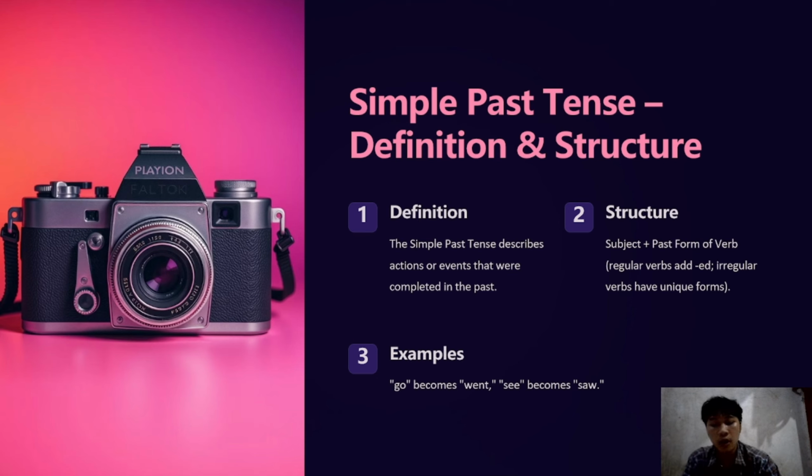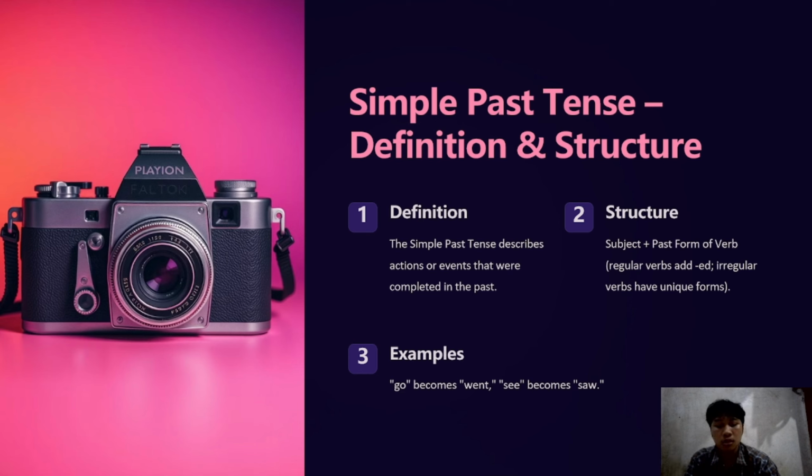The structure of the simple past is straightforward. For regular verbs, we add ed to the base form of the verb, so walk becomes walked and play becomes played. However, many common verbs are irregular, meaning they don't follow this pattern.